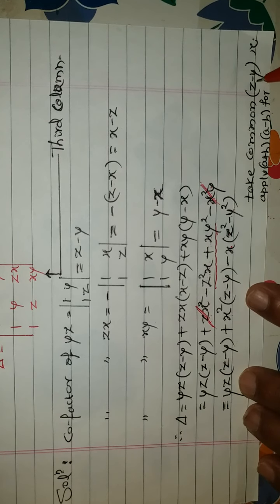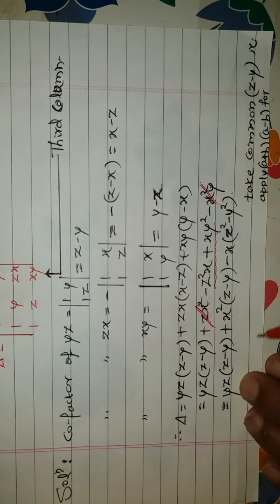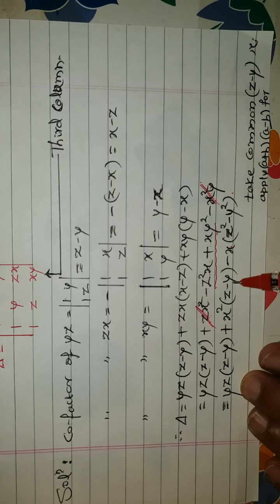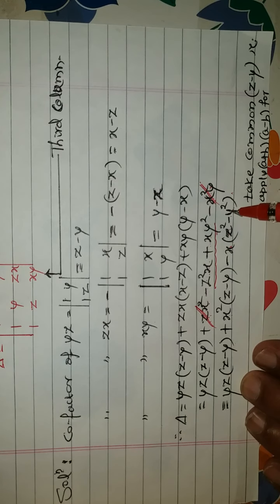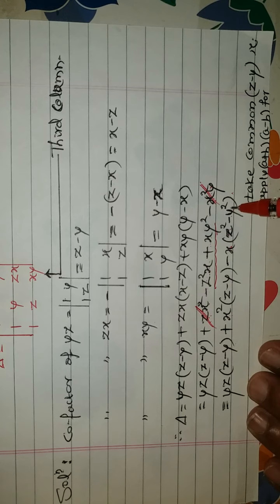Take common z minus y from all these three terms. Here z minus y, here z minus y, here z minus y.